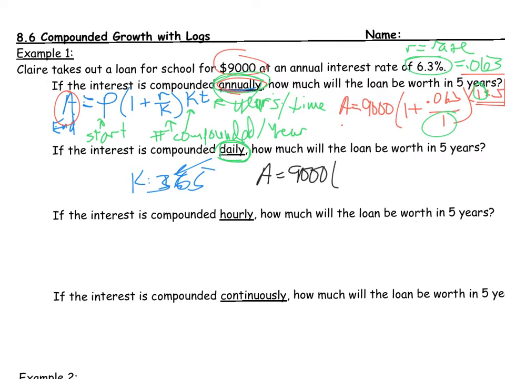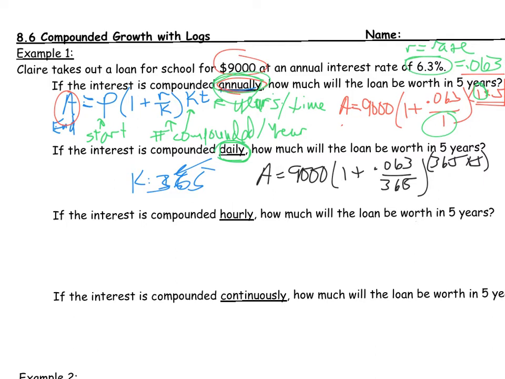That's my principal. 1 plus 0.063. That's our 6.3% divided by 365. And then it's 365 in parentheses here times the 5 years.